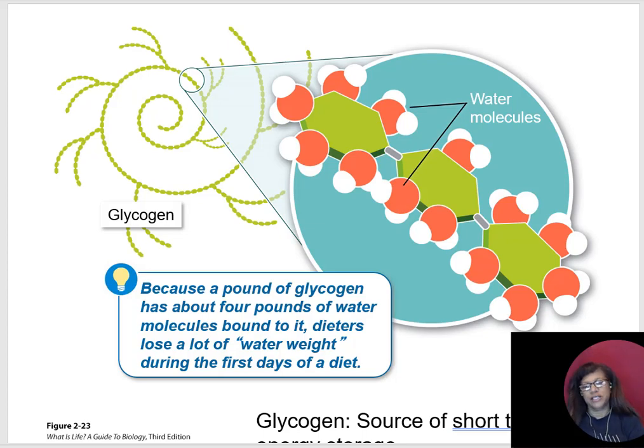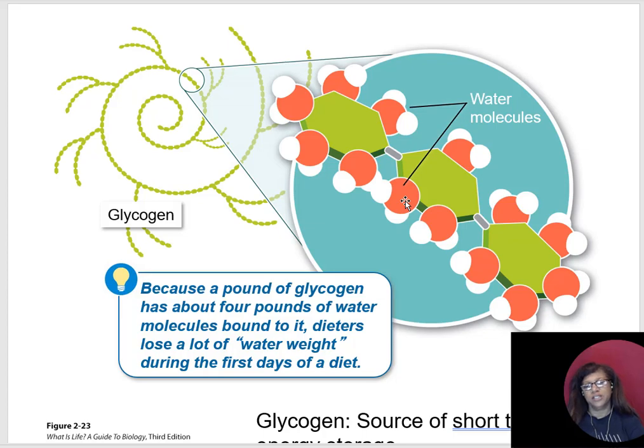So when you actually have to tap into that glycogen, you have to use that water that is surrounding the glycogen as well. And so that's why when you first start to diet, you're going to lose a lot of, quote, water weight, and you'll see the pounds just fly off, because you're tapping into those short-term glycogen storage molecules that are wrapped in water, and you're going to have to use the water as well.